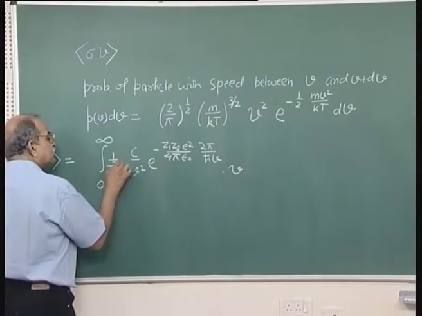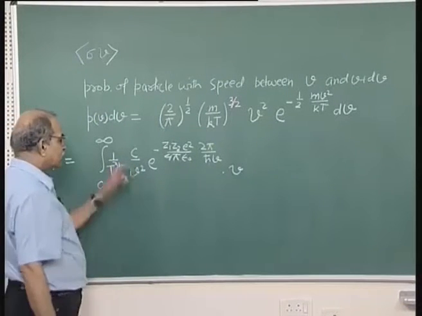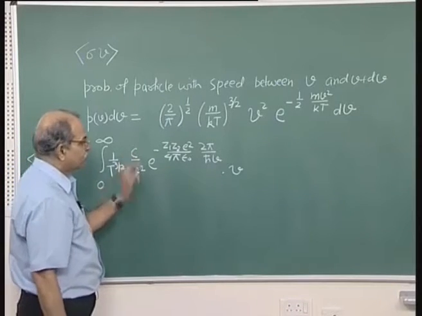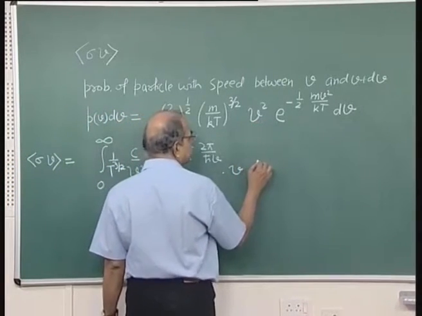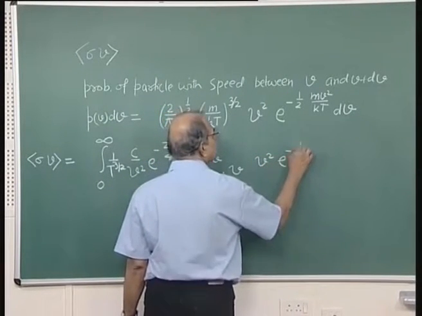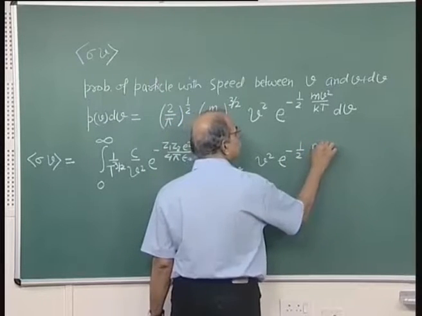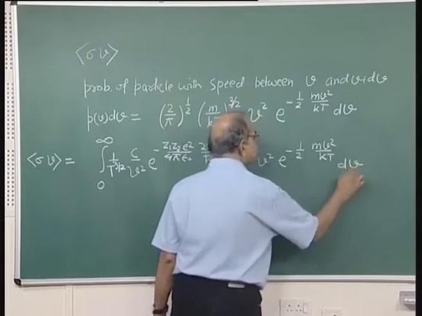All other things go into this constant, and then you have this v square here and e to the power minus half m v square by kT and dv.